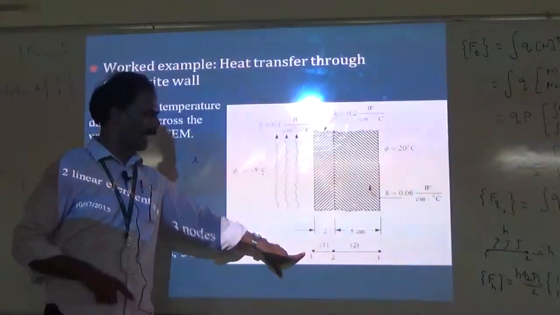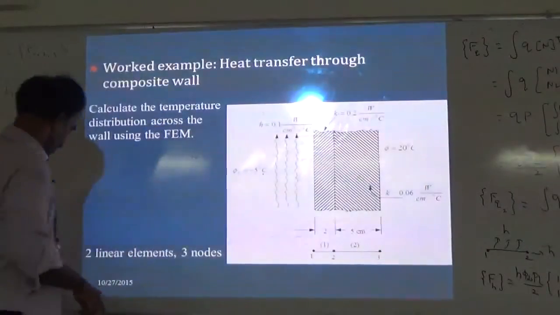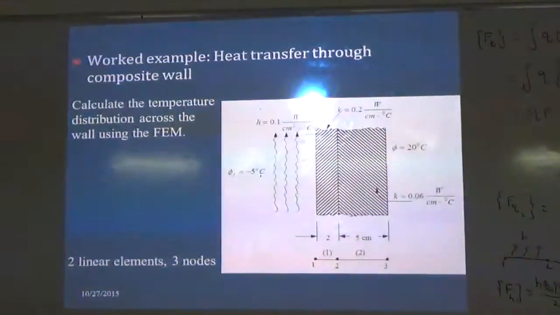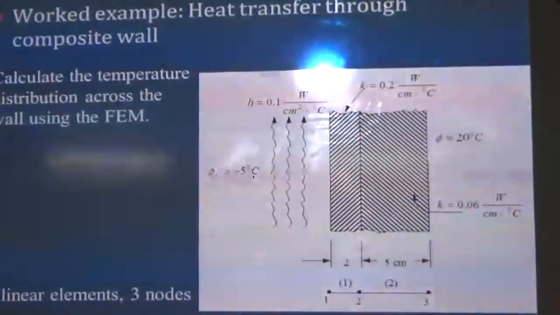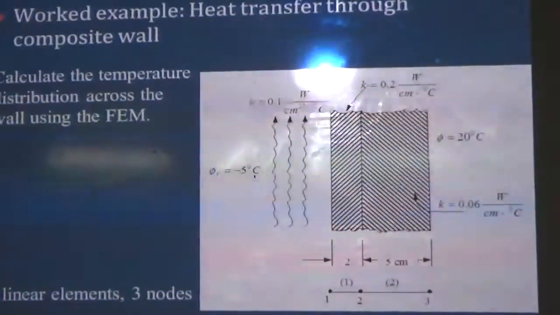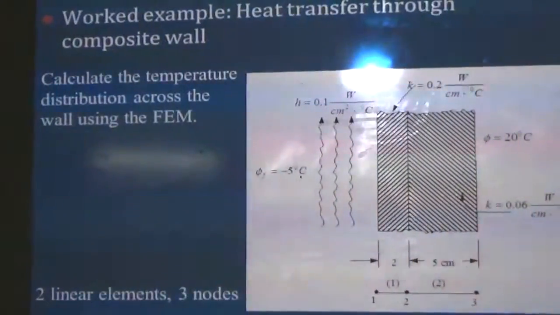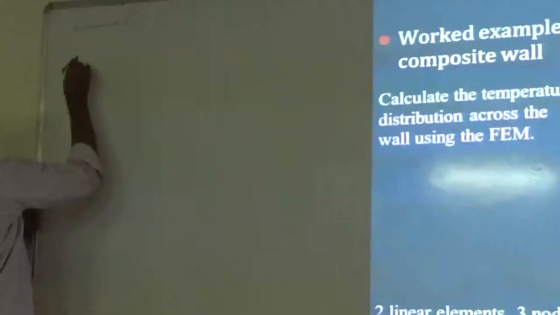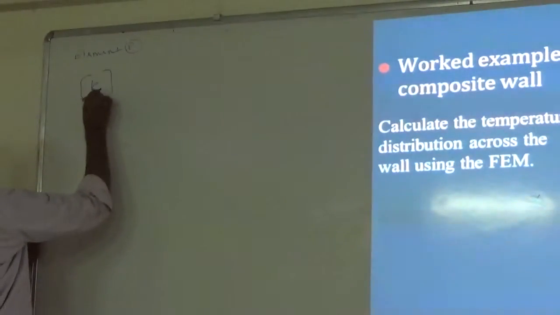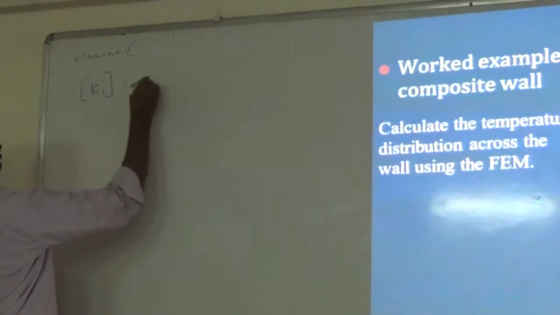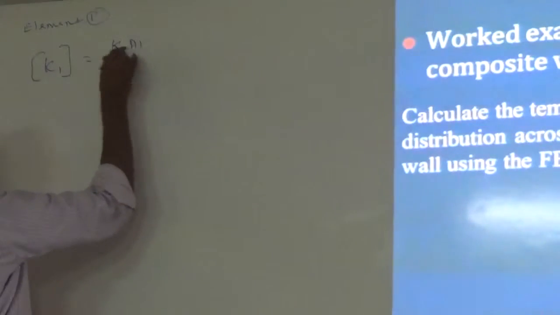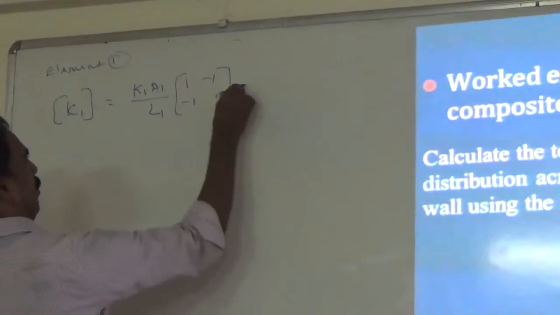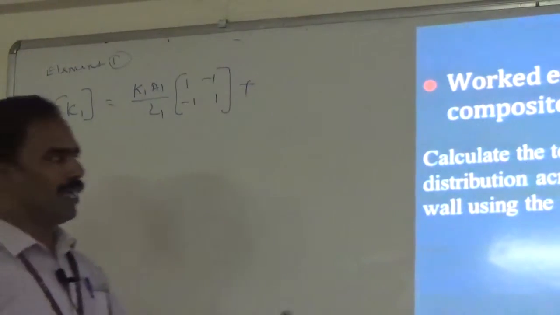So what you have to calculate is K1 and K2. How to calculate K1 and K2? See for element number 1. Element 1: K1 is given by K1 A1 over L1 times the matrix [1, minus 1; minus 1, 1], plus for element number 1 your convection term.